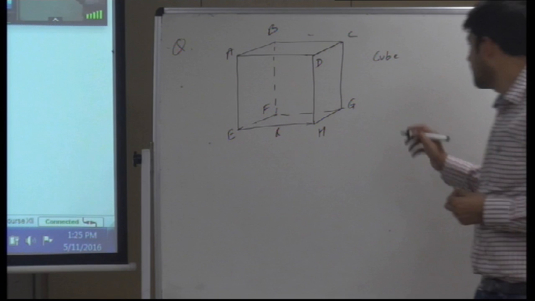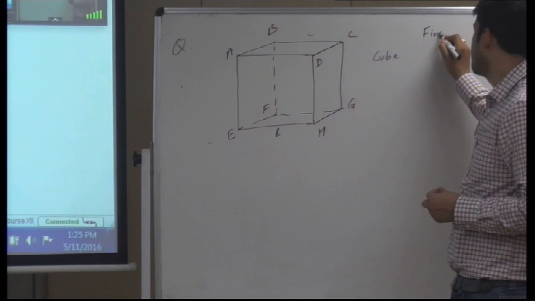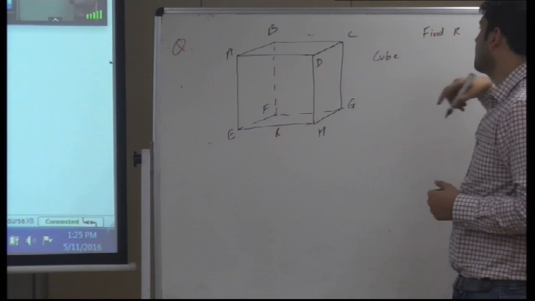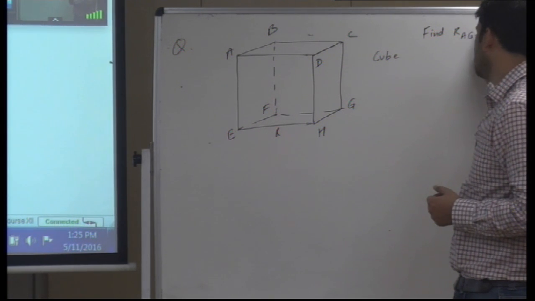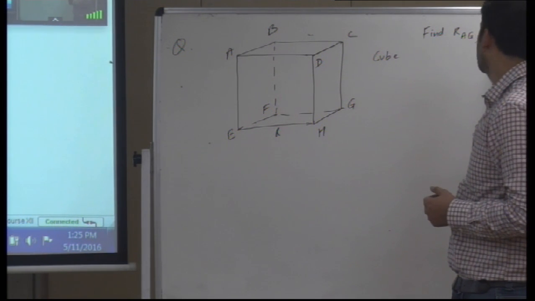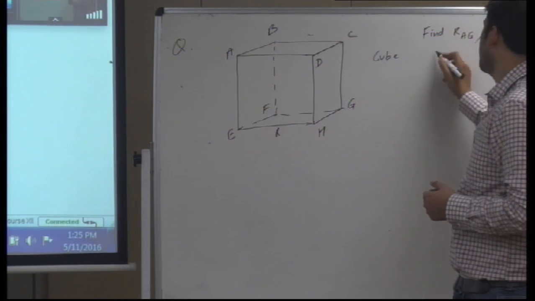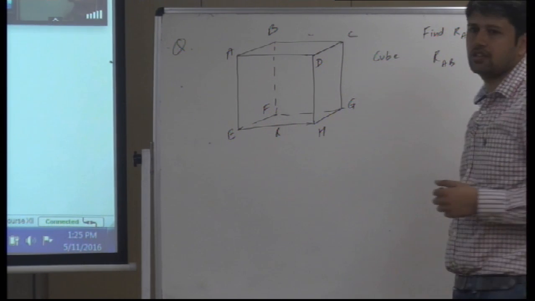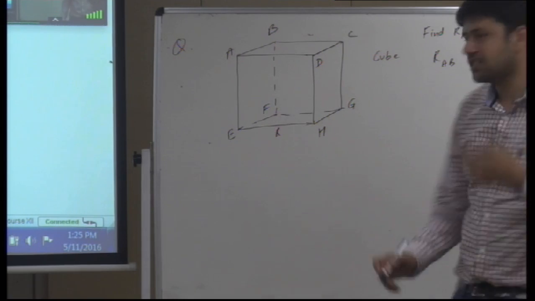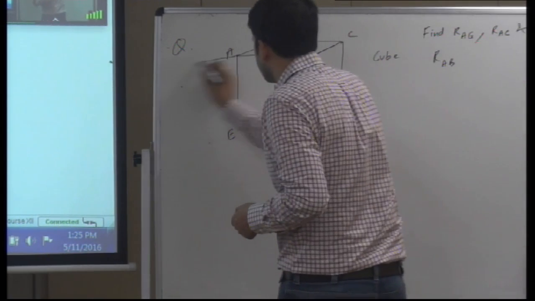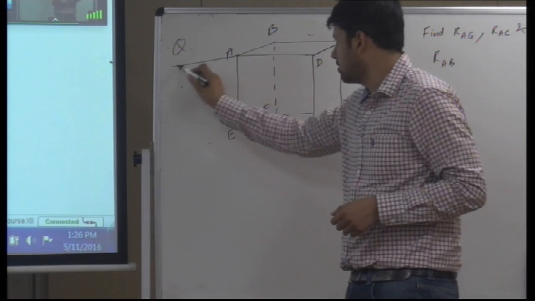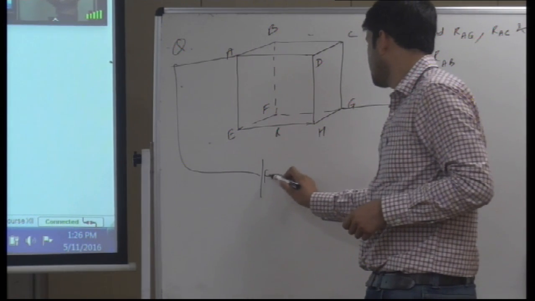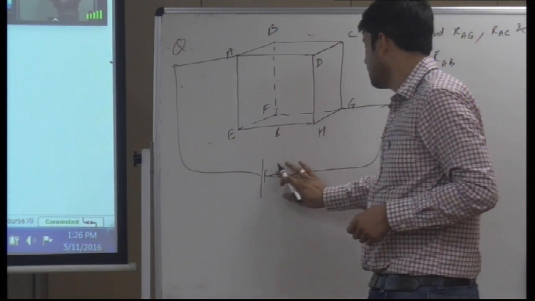So, the question is find R_AG, R_AC and R_AB. R_AG means the connections are made from here. The battery is connected between these 2 points. Okay.